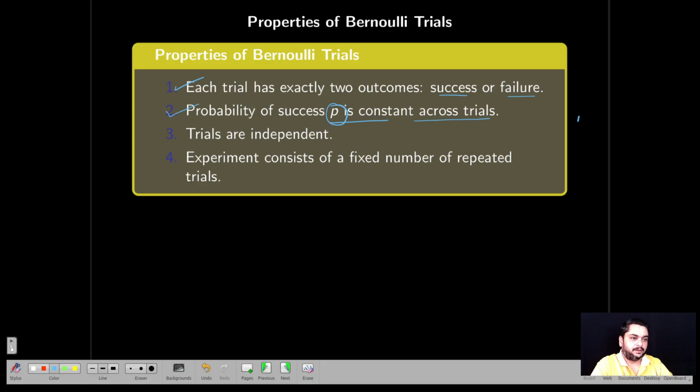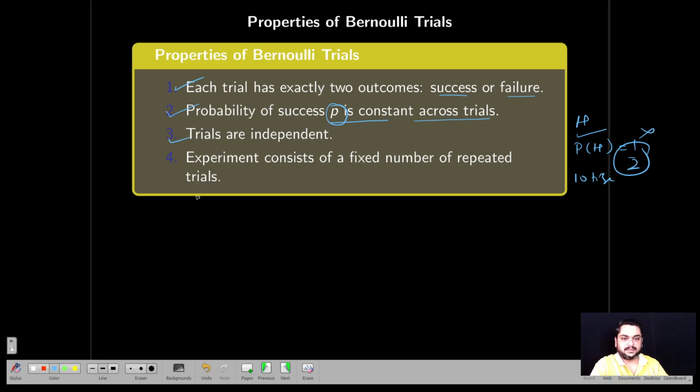If I toss it once, the probability of getting head is 1/2. If I toss it 10 times, will this change? No, this will not change. So the second property is that the success probability, that is getting head here in this example, is constant across all trials. If you toss 100 times, 1000 times, the probability of getting head will be 1/2 only.